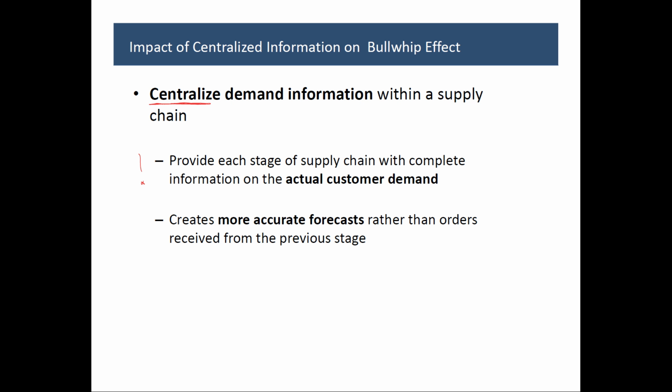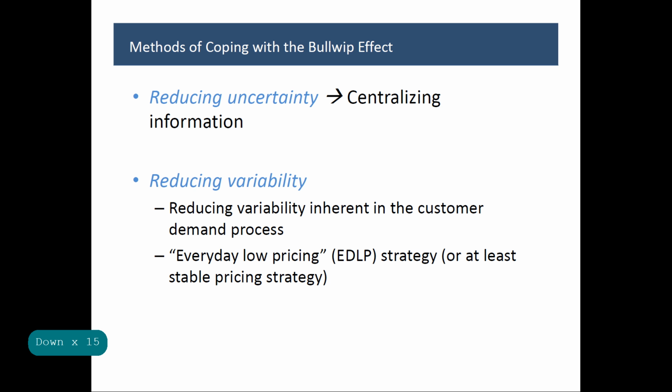And this would then allow all supply chain partners to make more accurate forecasts and use that for their planning, especially for the factory. That would be beneficial. And this would also reduce the overall uncertainty because the supply chain partners would have transparency of the demand, and that would reduce the variability because they would know what happens.